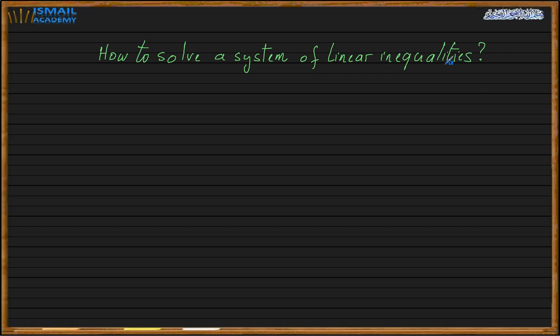The only way to solve that type of system is using the graphing method. This is why before this lesson, I made a lesson about how to graph a two variable linear inequality, because that's the key which will help us solve the system of linear inequalities.